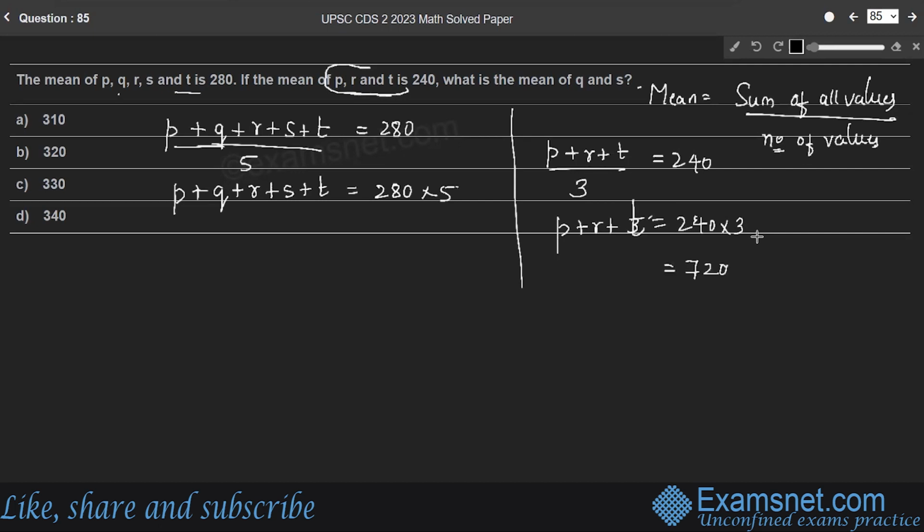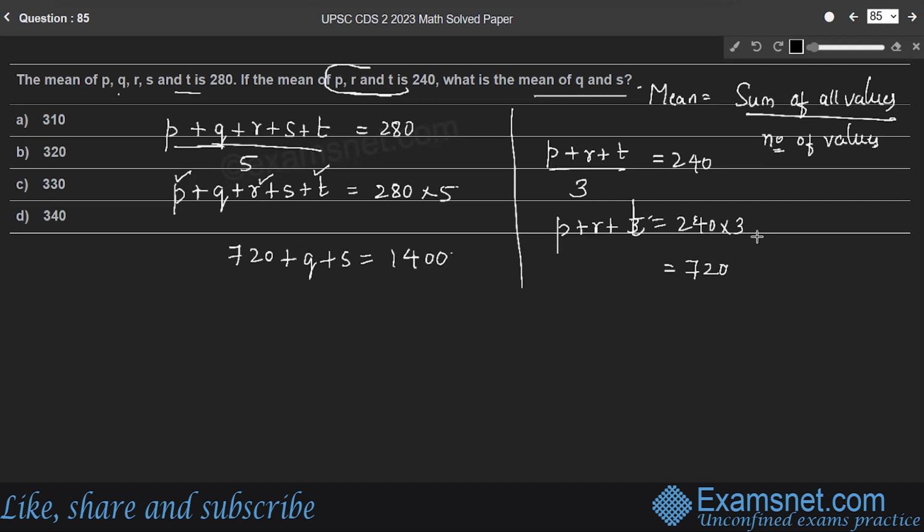So in the sum of P, Q, R, S, T, we'll take P, R and T as 720 and the remaining values are Q and S, equal to 280 into 5, which is 1,400.